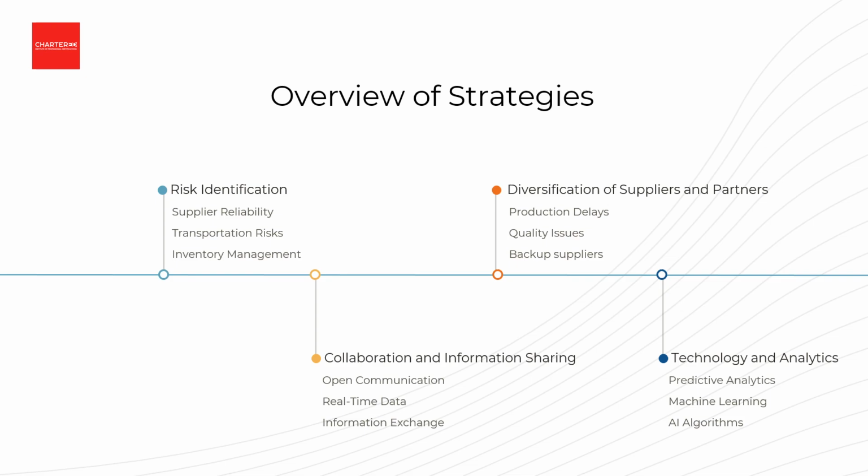Now, supply chain optimization encourages supply chain partners to collaborate and share information. Organizations can proactively identify and address potential risks by fostering open communication channels.